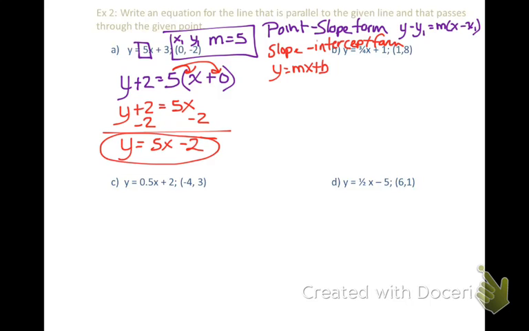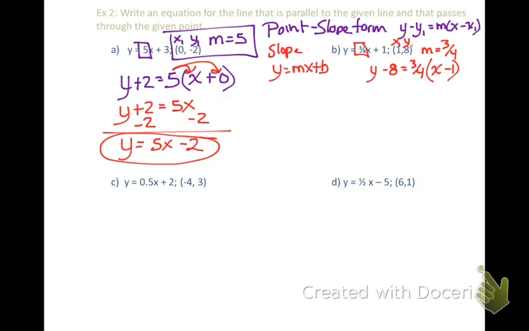We'll do one more together, and then I'm going to have you do C and D by yourself. I'm going to erase this so I can see better. So I have m equals, same slope, 3/4. And here's your x1 and y1. So point slope form is y minus 8 equals 3/4, there's your slope, x minus 1.